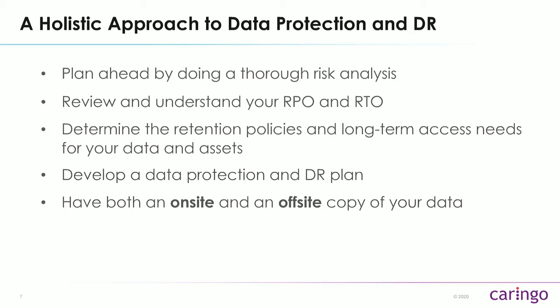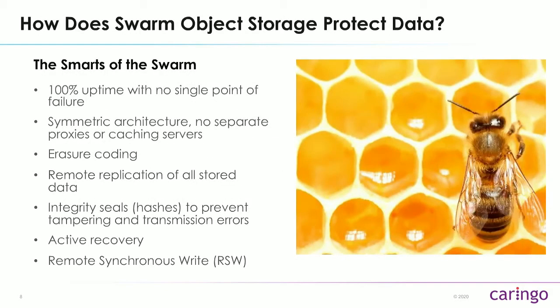Okay, so let's move now to how we can protect the data, in this case on-site, by using Caringo Swarm object storage. The first point to highlight about Swarm is the Swarm architecture itself, as it doesn't have any kind of single point of failure. It's a symmetric architecture, meaning that we don't have any kind of metadata servers or separate caching proxies or anything like that.